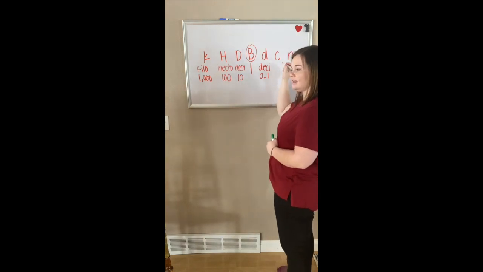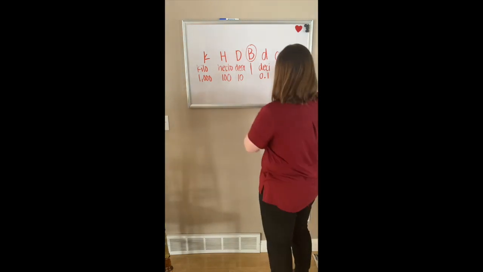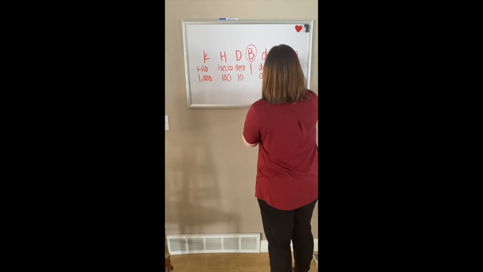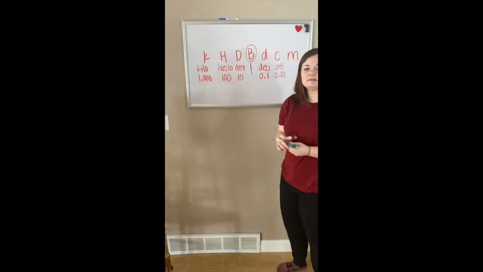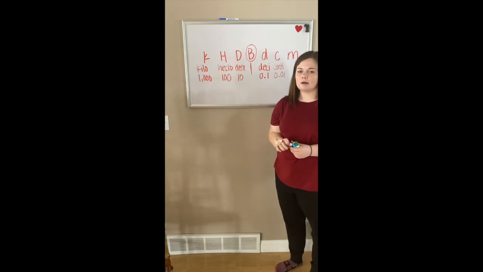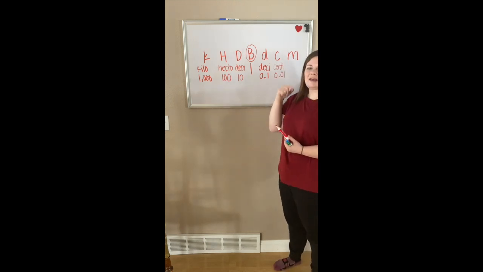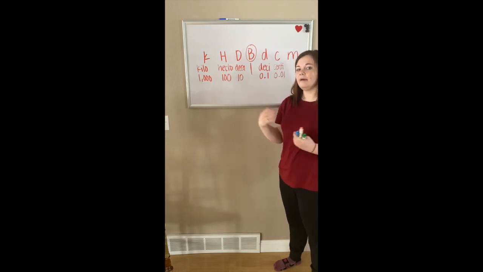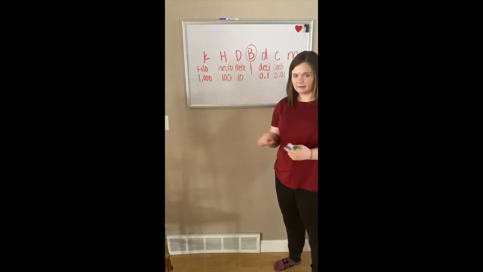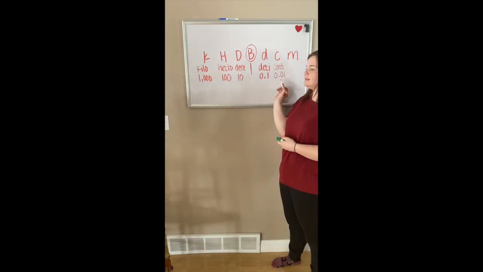And then the C stands for centi, and it means 100th. If you remember when we did decimals, centi kind of sounds like cent, and we said that cent means a penny or 100th. So if that helps you remember, centi means 100th.